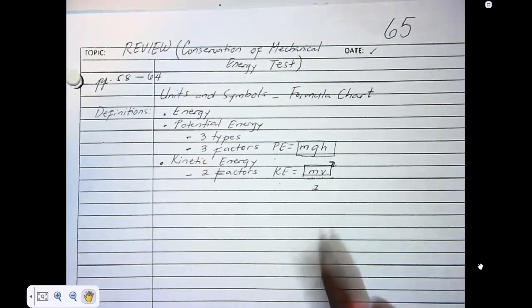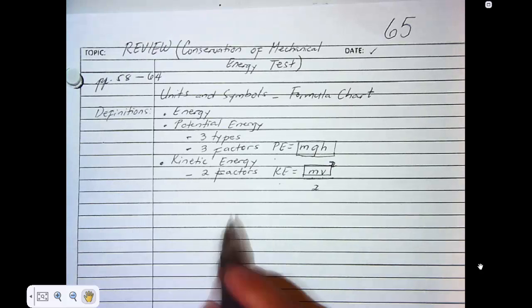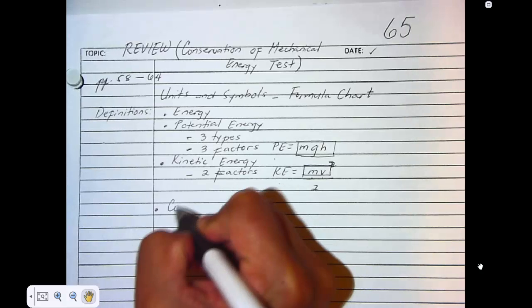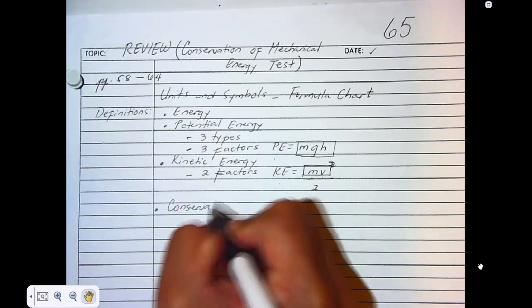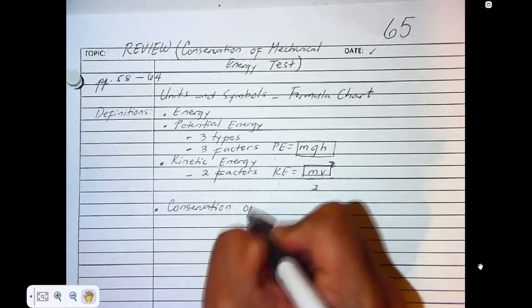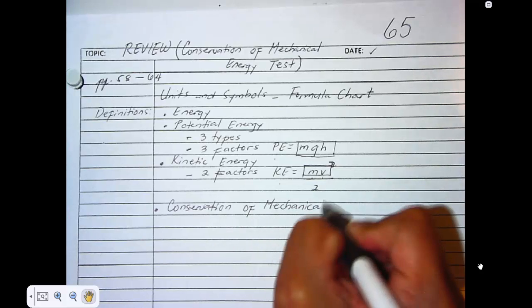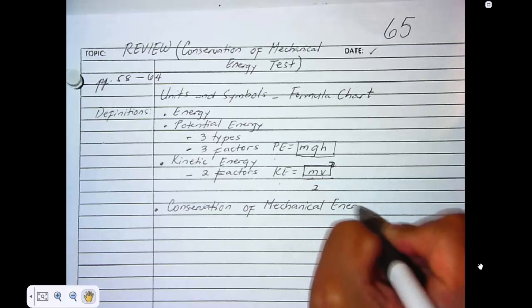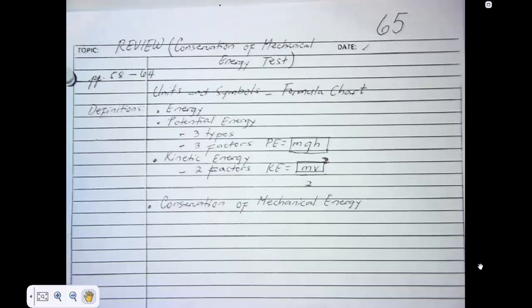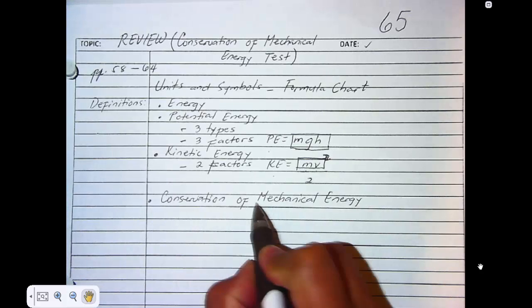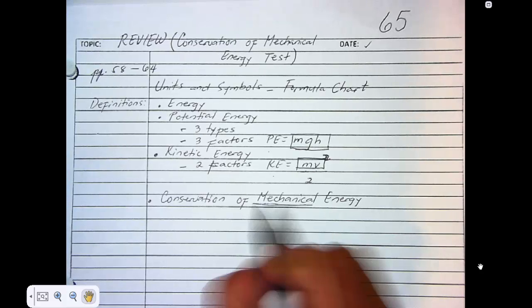Next, in one of your notes, you've also learned about the important law, conservation of mechanical energy. In your chemistry, you might have learned about conservation of energy as a whole, but in this chapter, we'll limit the type of energy into the mechanical.